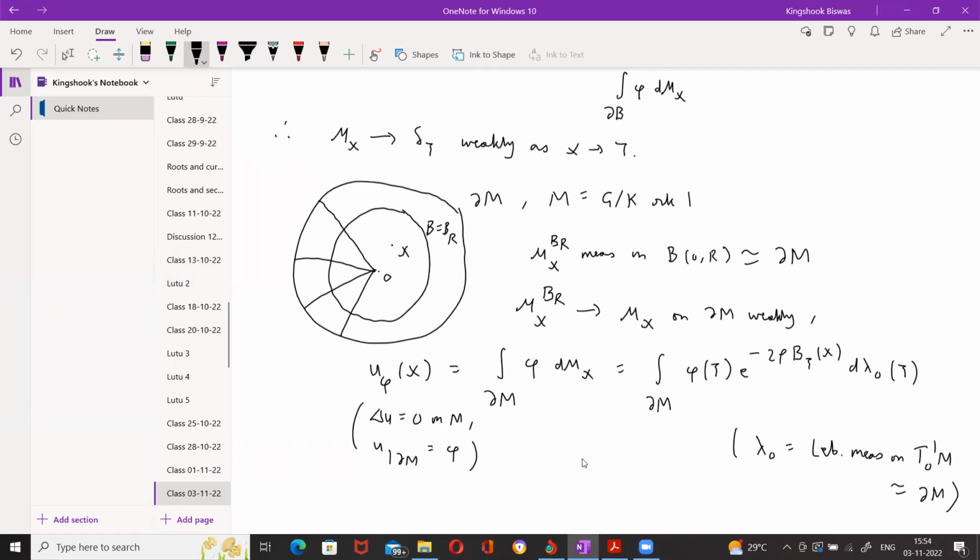The measure of a subset of the boundary is just, you join it to the point x, and in 2 dimensions it's just going to be the angle at x, and in higher dimensions it's the Lebesgue measure on the unit tangent sphere at x. This part of the boundary projects to a part of the unit tangent sphere, and you take the Lebesgue measure of that. That's going to be the harmonic measure on the boundary.